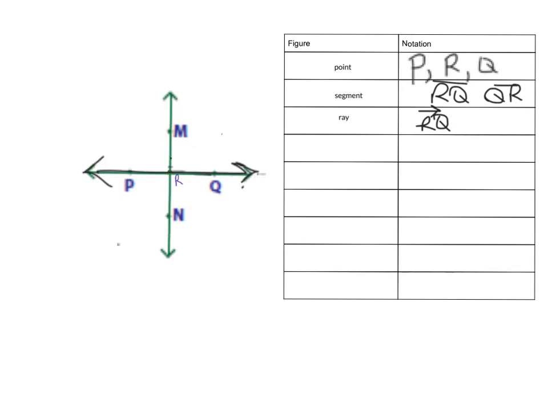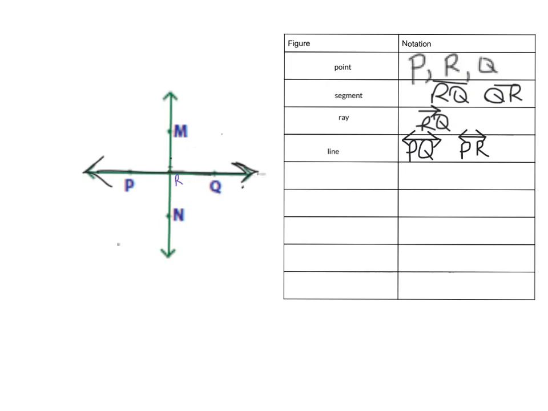And to name this line, we don't have endpoints, so we're just going to name any 2 points actually. So I'm going to use PQ, and this would be the symbol for a line. We could also call this line PR, it would be the exact same line.